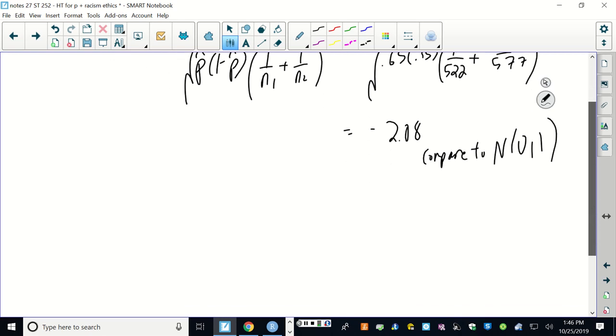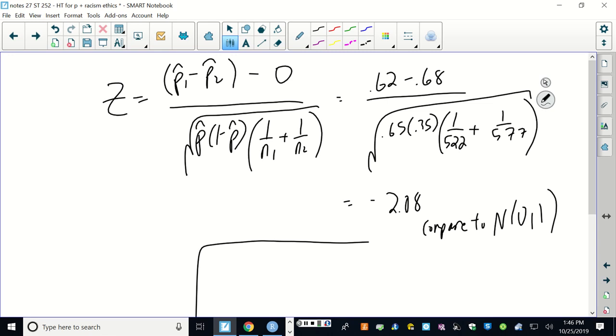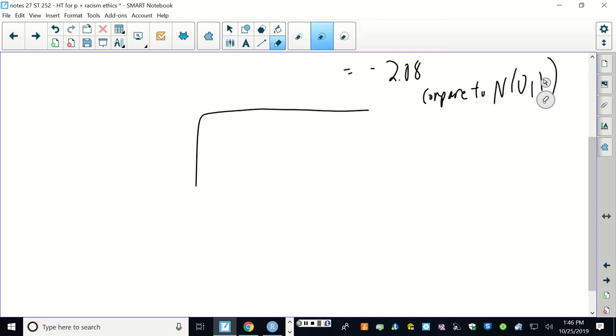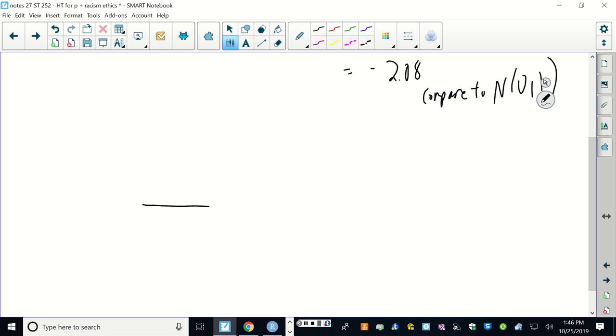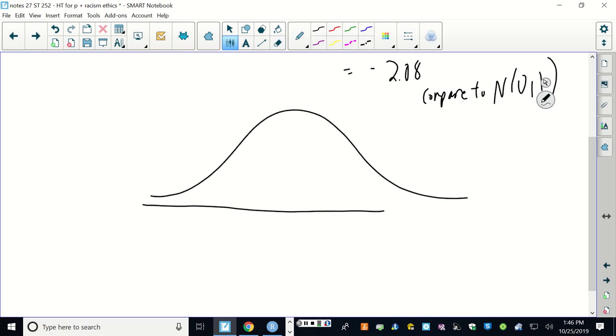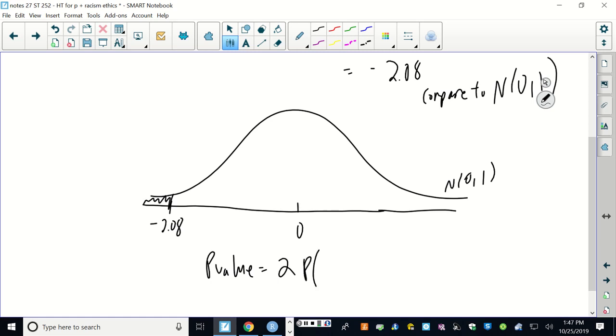Here's 0, and here's negative 2.08. So a p-value that we're going to count is going to be 2 times the tail below negative 2.08. Probability that a standard normal z is less than or equal to negative 2.08.